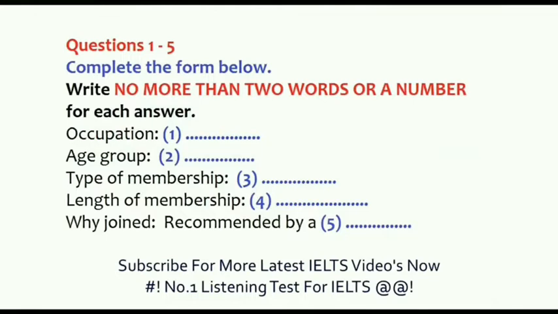The test is in 4 parts: Part 1, Part 2, Part 3, and Part 4. Now look at Part 1. Part 1. You will hear a woman being interviewed by a market researcher in a health club about her membership of the club. First, you have some time to look at questions 1 to 5.